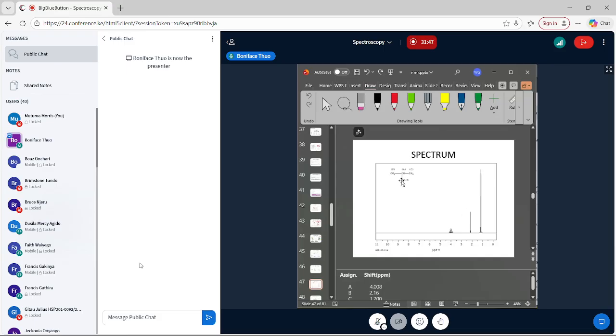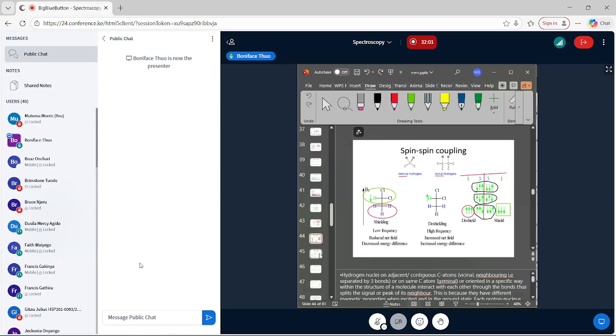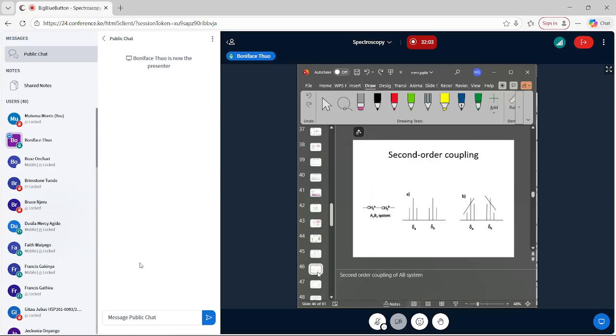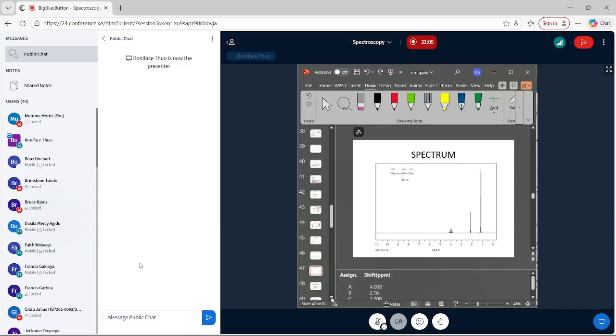The middle singlet is due to the hydroxyl group, and you can see that if you compare the chemical shift of that hydroxyl group, it is quite low. Okay, so that's why we say that the OH peak is variable, and you need a way of confirming it is due to the hydroxyl proton.